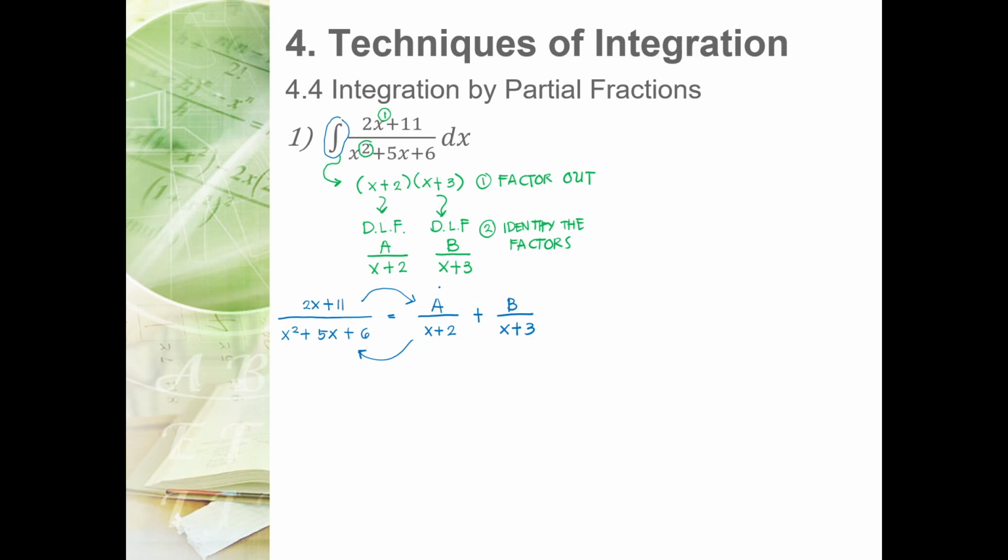That's the aim of your partial fraction. So the third step is to solve the partial fraction, or partial fraction decomposition. You decompose the original equation into its fraction components.